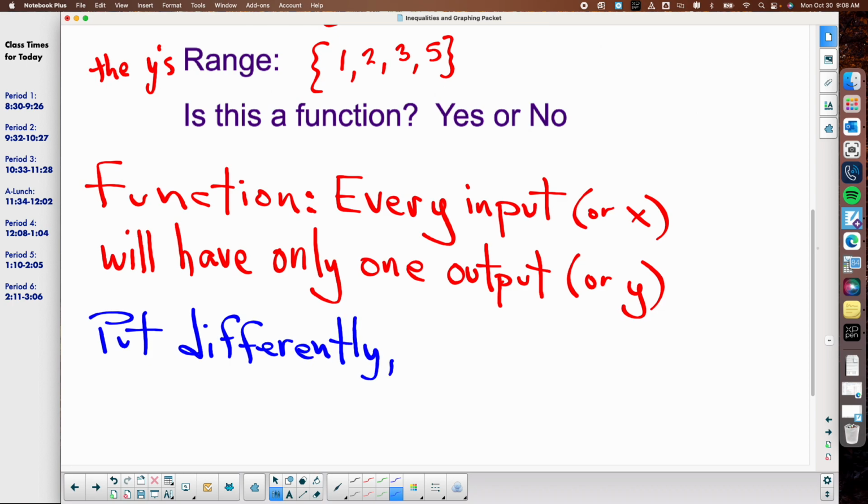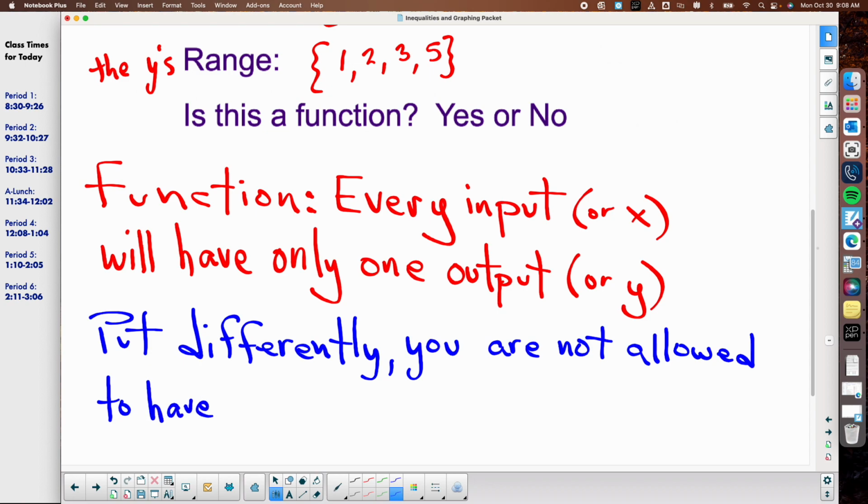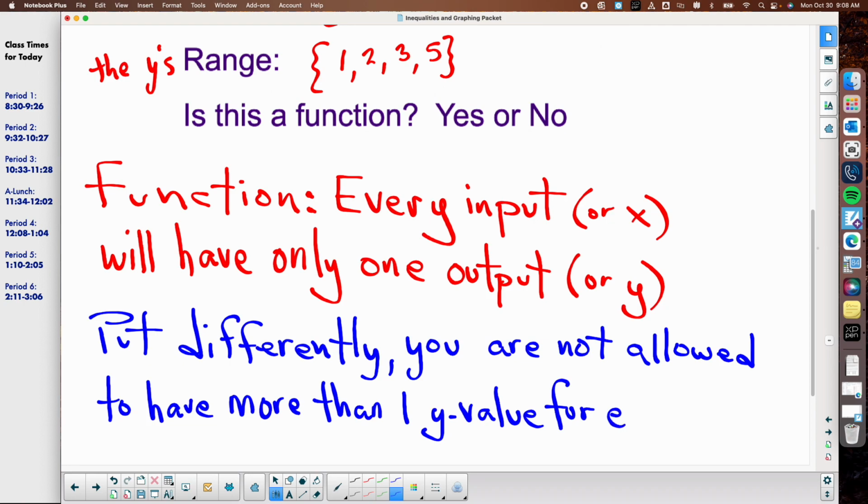I want to make sure you have a good definition. Okay, there we go. I know I was in the way the whole time.